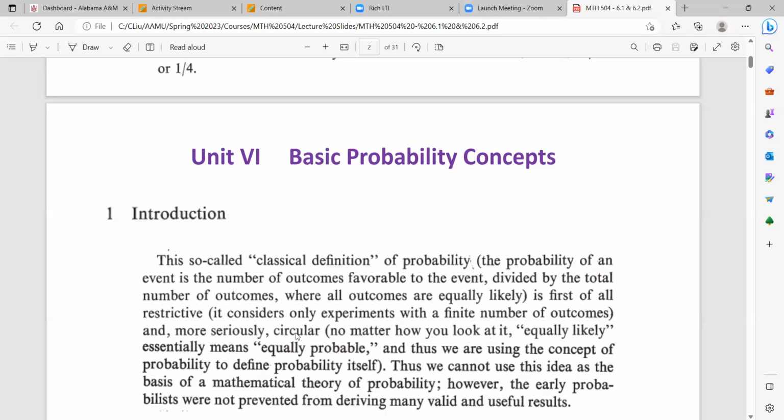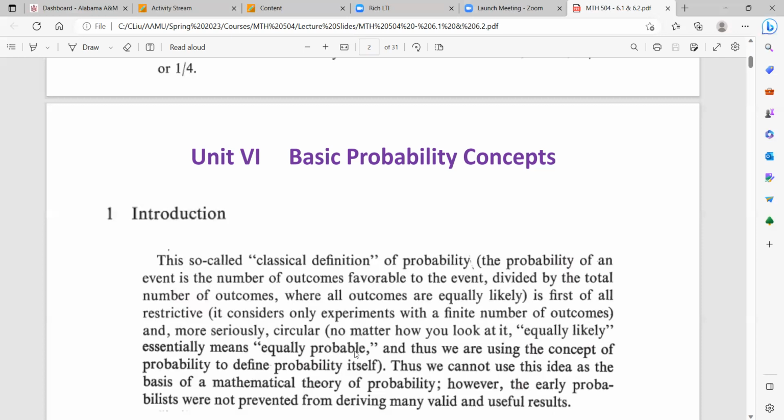Another problem is that when you define the probability, you assume that when you toss the coin, head and tail appear equally likely, or equally probable.